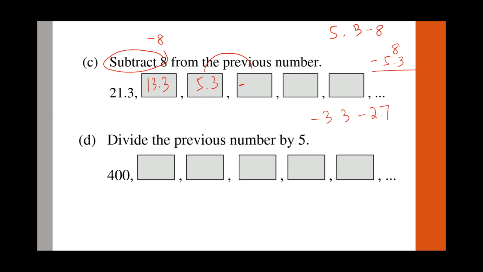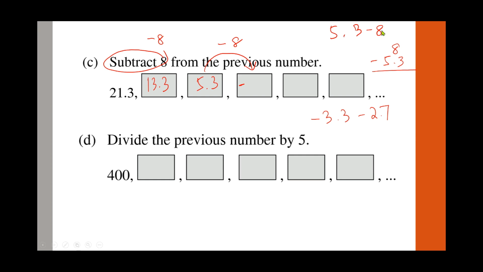Let's see. We have to minus 8. 5.3 minus 8. Do you have your calculator with you, everyone? You can use it. See what you get. Negative 2.7. Yes, negative 2.7. You know why?